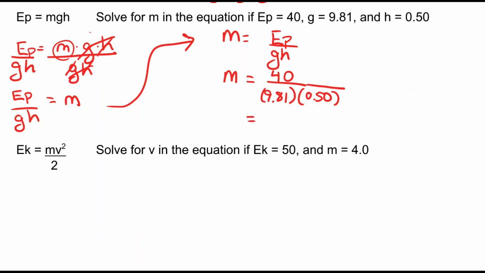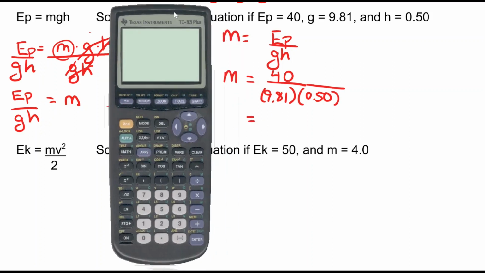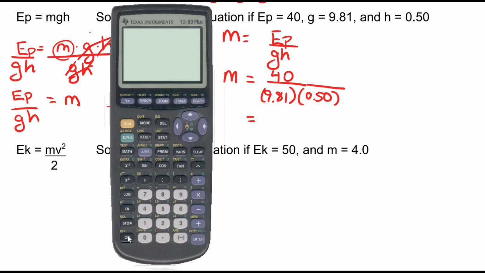And let's go ahead and calculate this. Now I want to be clear again. Every time you go to use your calculator, you've got to use it properly. So if we're going to go 40 divided by two numbers, if you're dividing by two numbers, you have to put brackets around them. So 40 divided by 9.81.